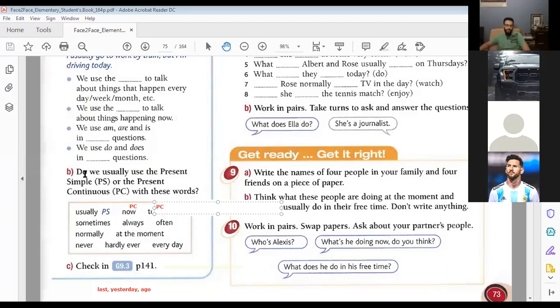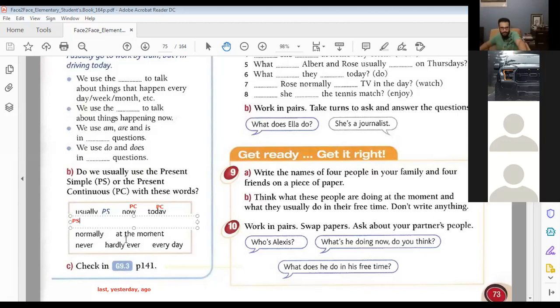What about sometimes? Always? Present simple. Often. Correct. Always. Present simple. Correct. Often. Present simple. Correct. Normally. Present simple. Correct.